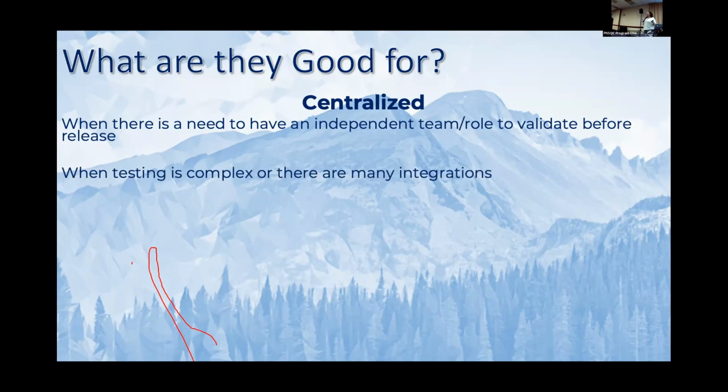When testing is complex, or there are many integrations, or perhaps you have a very deep and older code base where integrations and lots of regressions happen daily, you might need to consider that centralized model, where there is one or more roles that take on most of the responsibility of the testing on the team, but also serve as that expert for other members of the team who may want to join in, or in most cases, start developing their own tests.